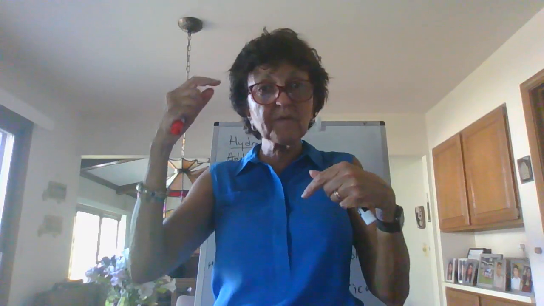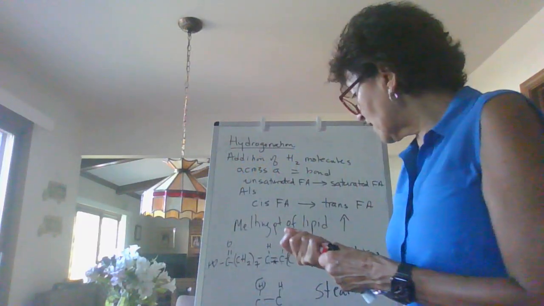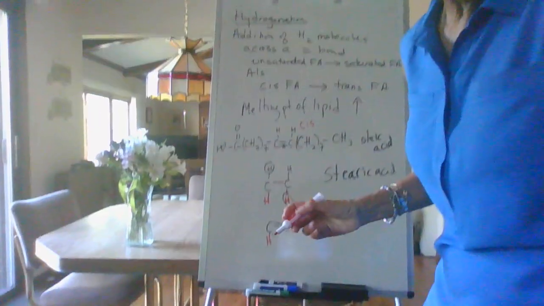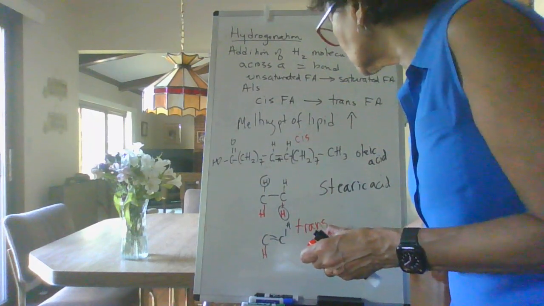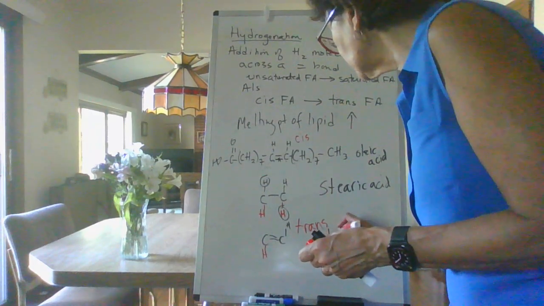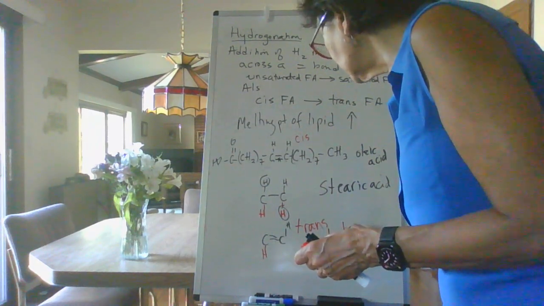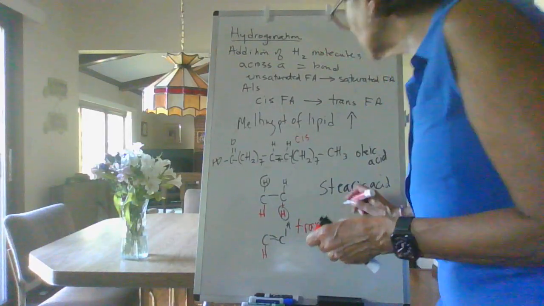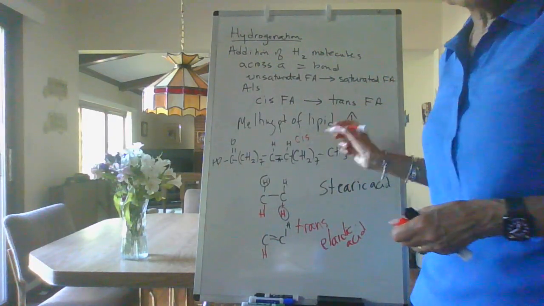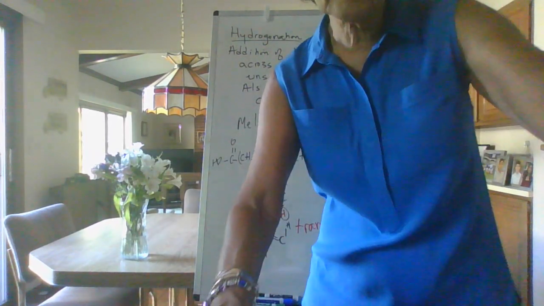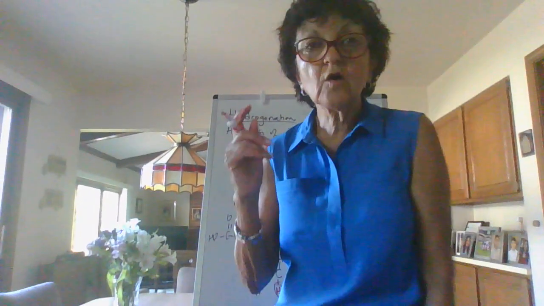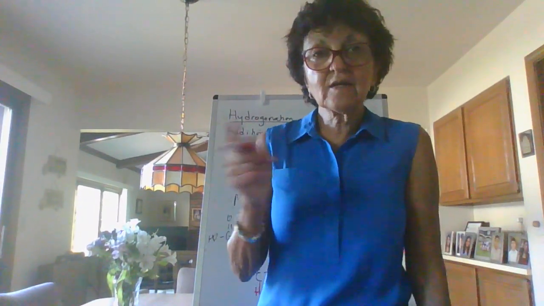And then the two hydrogens went away, and now it's flipped, and now you have a trans, and this one has an actual name. This new fatty acid is called elaidic acid. So elaidic acid is exactly like oleic acid, but what's the difference between oleic and elaidic? Oleic is cis, elaidic is trans.